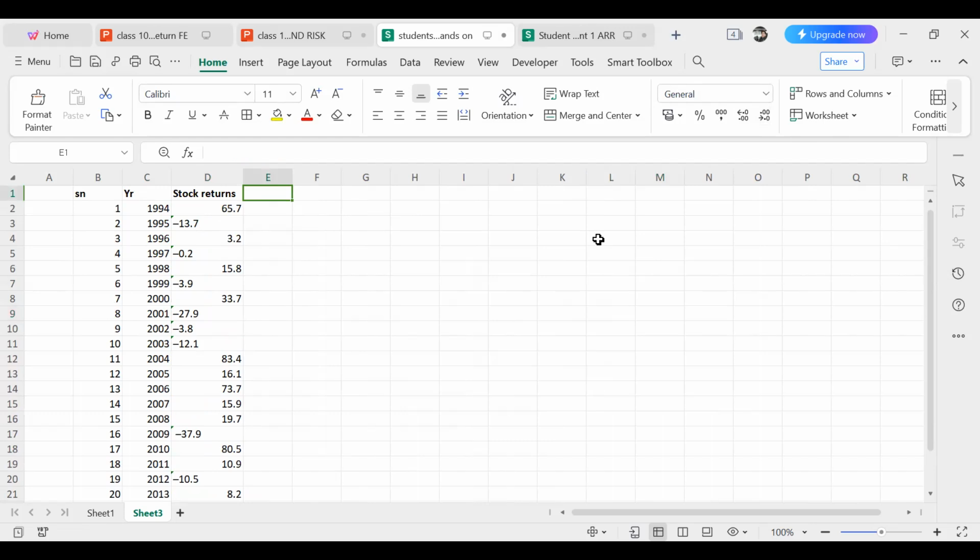So your next step is R minus the ARR. You have to take the deviation of each year. So this is equal to your first year return minus 35.57. Putting a dollar sign also solves the matter.